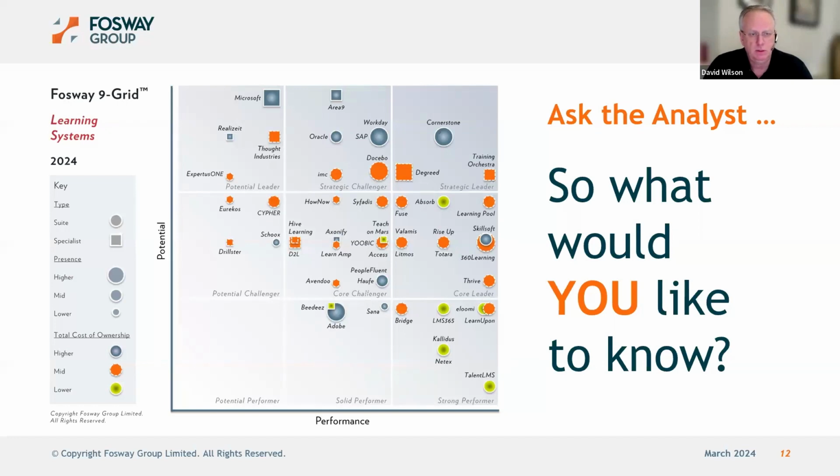I think the other thing is, obviously, the core leader zone particularly continues to be really, really competitive. It's interesting with the market dynamics that Fiona was talking about before, has impacted some of those. And in reality, in lots of markets, we're in the process very shortly of announcing our digital learning 9 Grid as well.